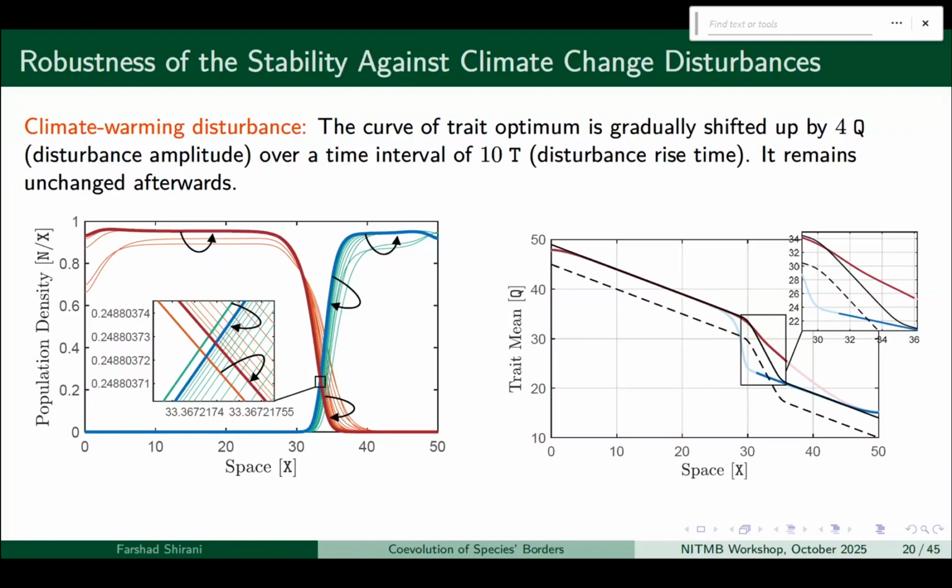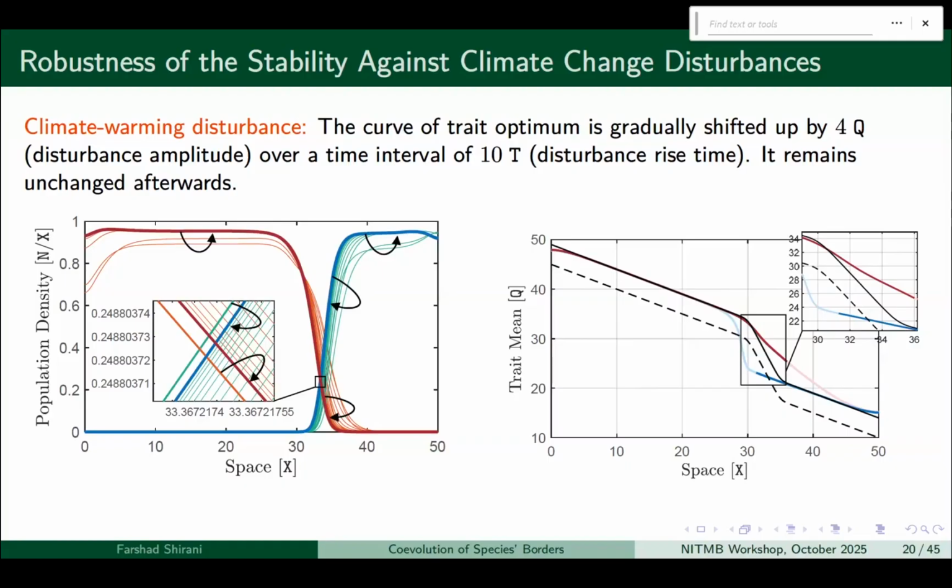So in these simulations, I just simulated a climate warming perturbation. I shifted the curve of the environmental optimum trait upward, just like climate warming. Initially the stronger one gets some advantage and pushes the boundary toward the weaker one.